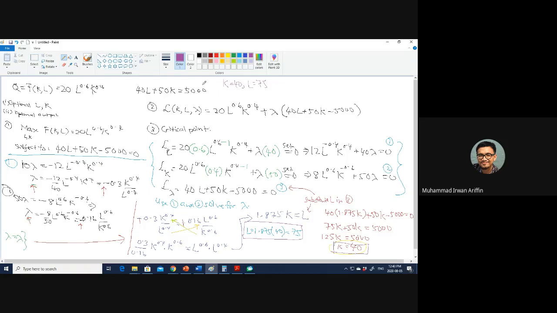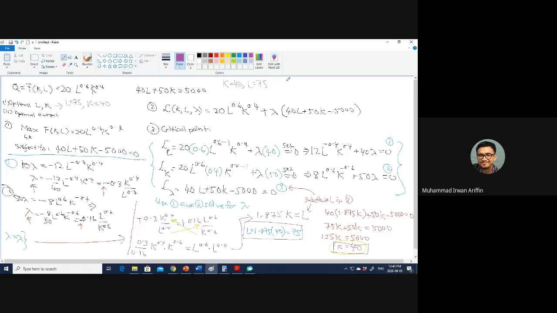Because the question asks for this, we have basically solved that L equals 75, K equals 40. What is the meaning of these numbers? These numbers are the quantity of inputs, labor and capital, that the company should use if the company really wants to maximize the production.